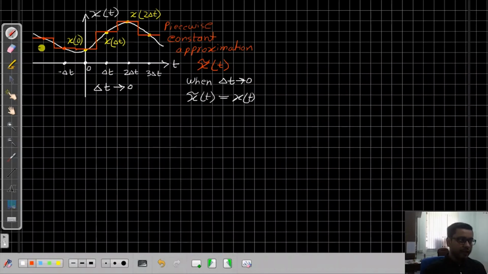Next, we can write this approximate signal as a sum of a number of gate signals. Let me show that. Let me first draw a number of axes.